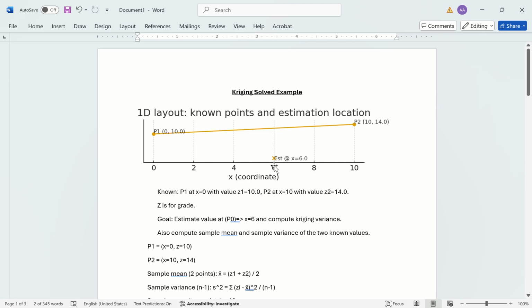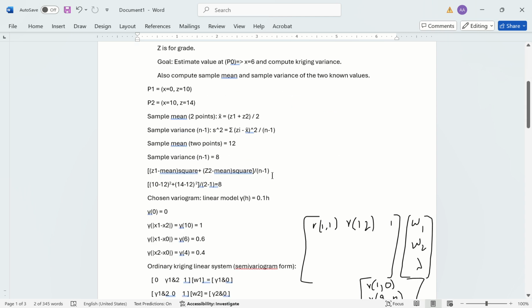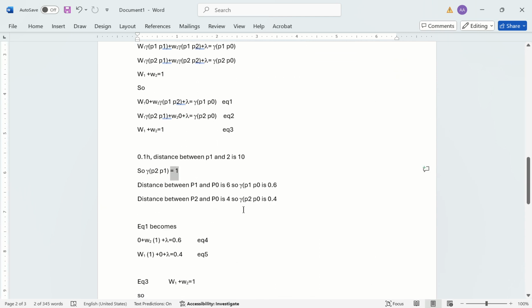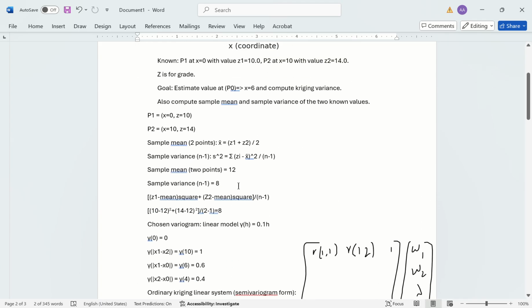Similarly, between point 1 and point 0 the distance is 6. Look here, it's the origin, so 0, and here 6 units. So the distance between these two is 6 units. Putting it into the equation, 0.1 into 6 equals 0.6.